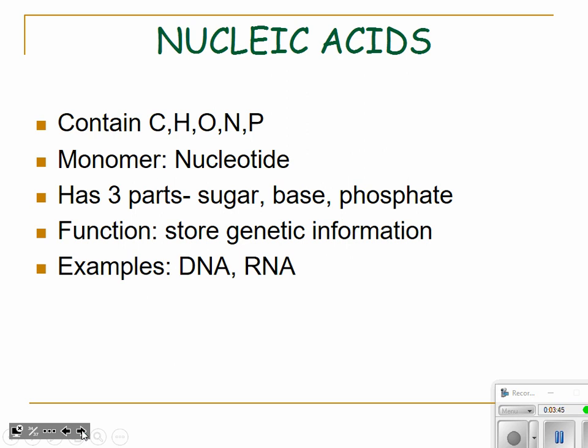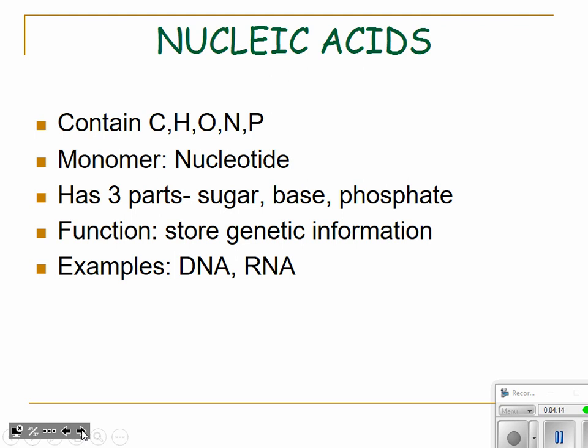Examples of nucleic acids are DNA and RNA: deoxyribonucleic acid and ribonucleic acid. We'll get more into depth over DNA and RNA when we do our central dogma. I talked about earlier in the class that DNA makes the RNA.